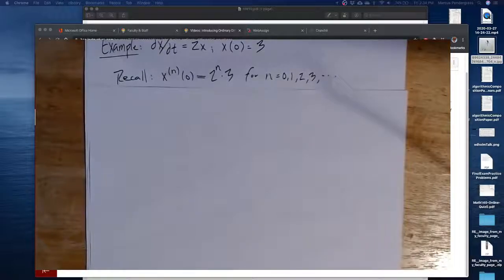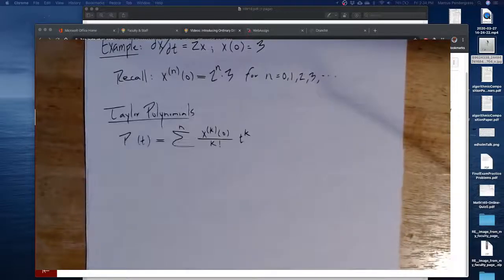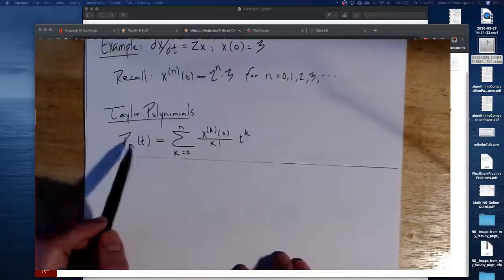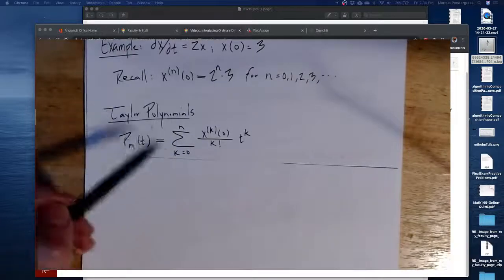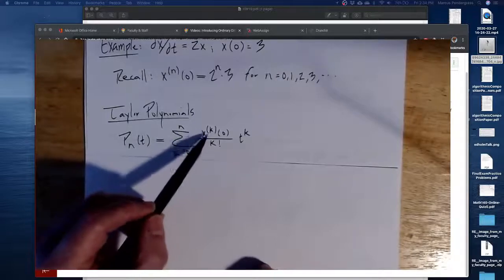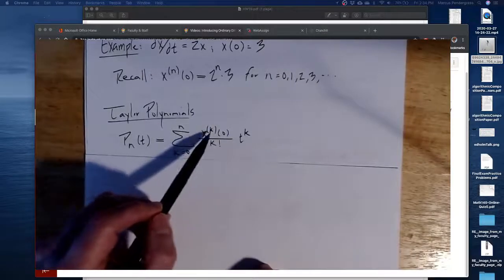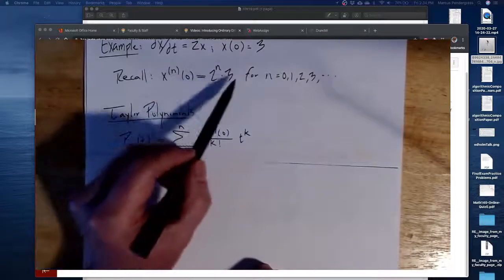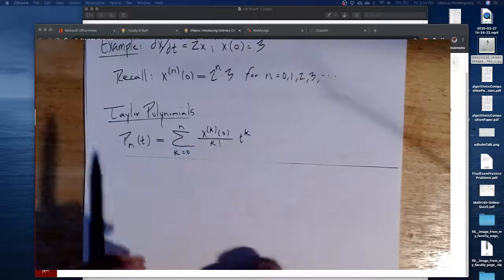So we can just plug those values into the formula for the Taylor polynomial, and we'll get the Taylor polynomial for the solution. Here again is the general formula for a degree n Taylor polynomial. Now we're going to plug what we know about the derivatives evaluated at 0 into that formula.